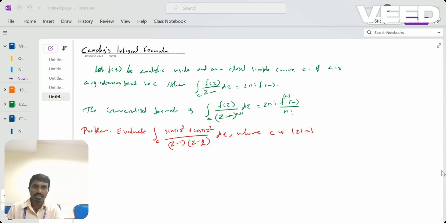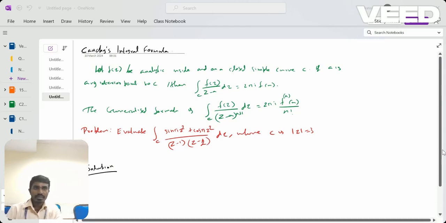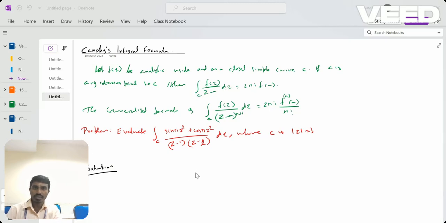Now we will see the solution. In the formula, we have only one factor, but here we have two factors, so we should split this using partial fractions.